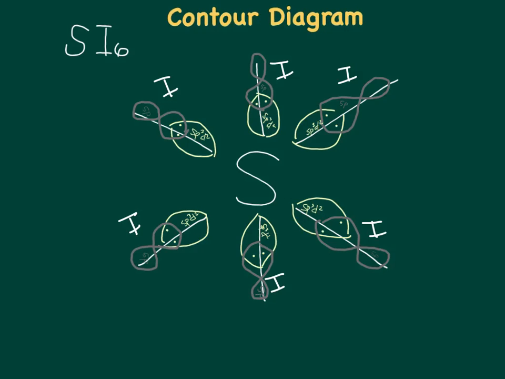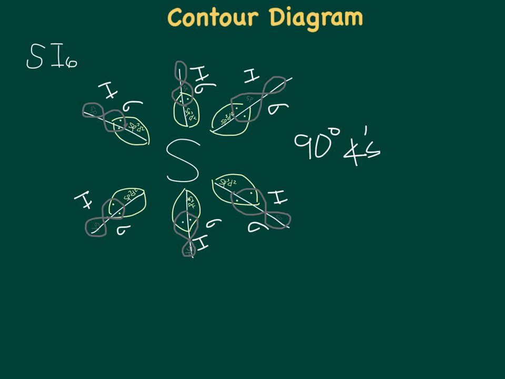And these are all sigma bonds, and at 90 degrees, all at 90 degrees in an octahedral shape.